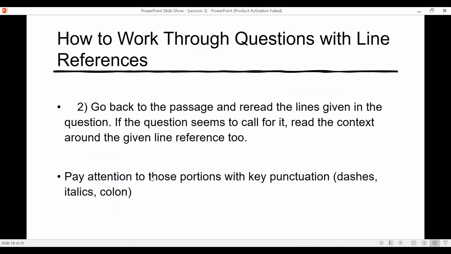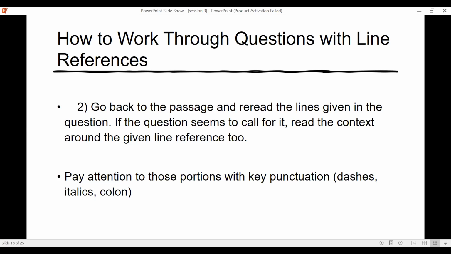Okay, so pay attention to those portions with key punctuation. Key punctuation means the unusual punctuation marks like dashes, italics, colons. The very common and usual punctuation marks are like the periods and the commas.